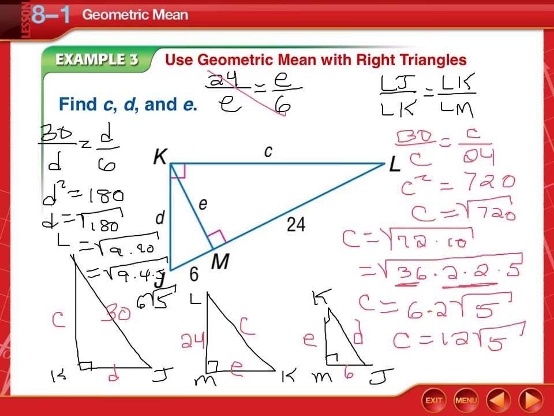And we can cross multiply here, and we get E squared equals 144. And therefore, if we take the square root of both sides, 144 being a perfect square, E equals 12.